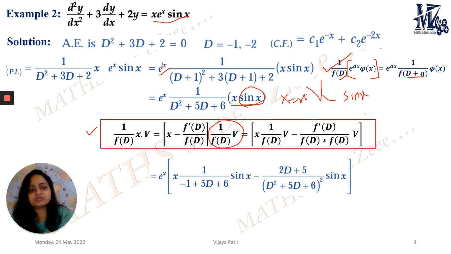Again, a is equal to 1 over here. So D square is getting replaced as minus 1, so it's 1 upon minus 1 plus 5D plus 6.